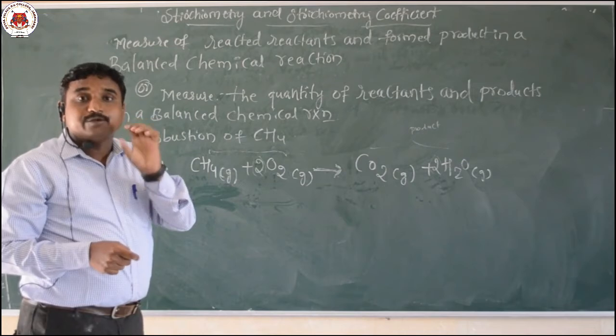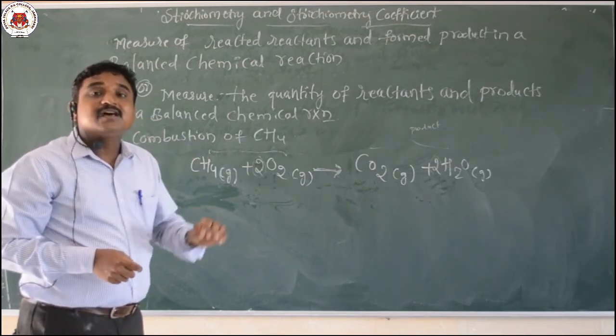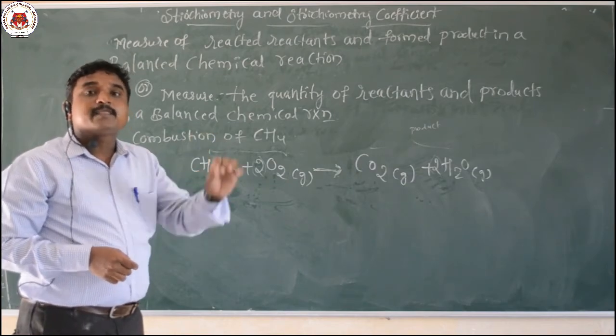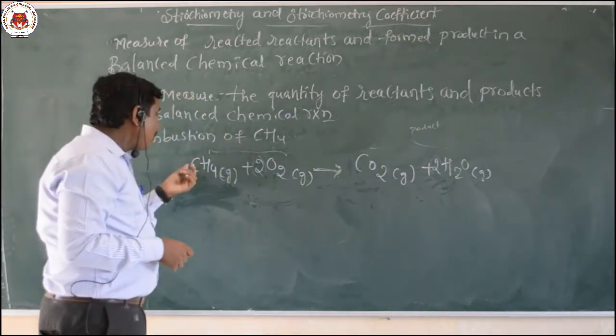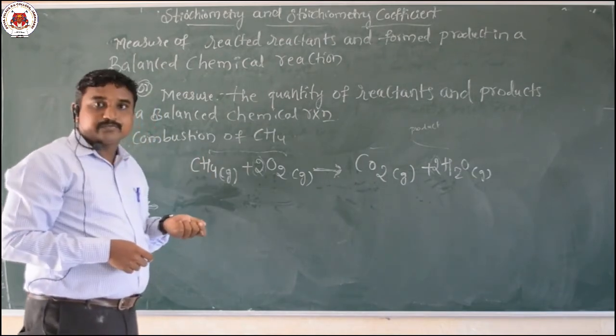They are called stoichiometric coefficients. Understood? The stoichiometric coefficients indicate the relative quantities of the molecules, or the number of moles. Understood?